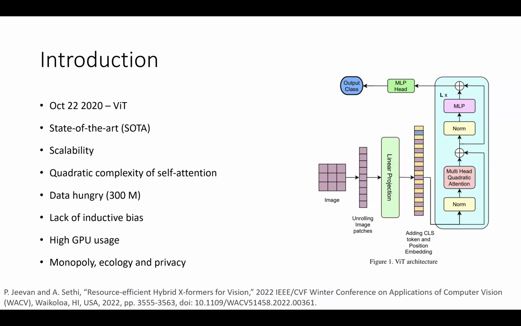So the quadratic complexity also causes high GPU consumption. And the fact that such models require large GPU computational resources and large amounts of data makes it out of reach for everyday practitioners and people from academia to train and run these models, which creates a monopoly of a few big companies who have the capacity to train these models.